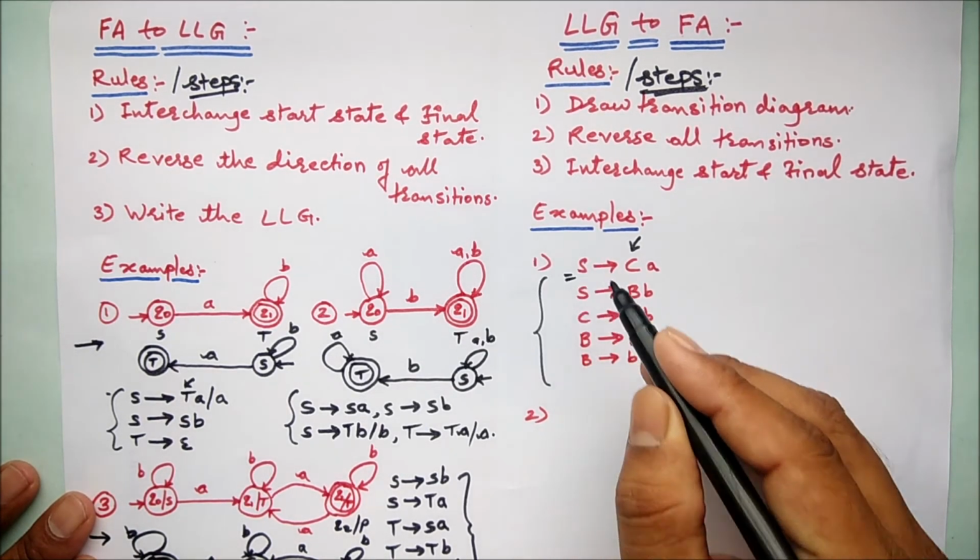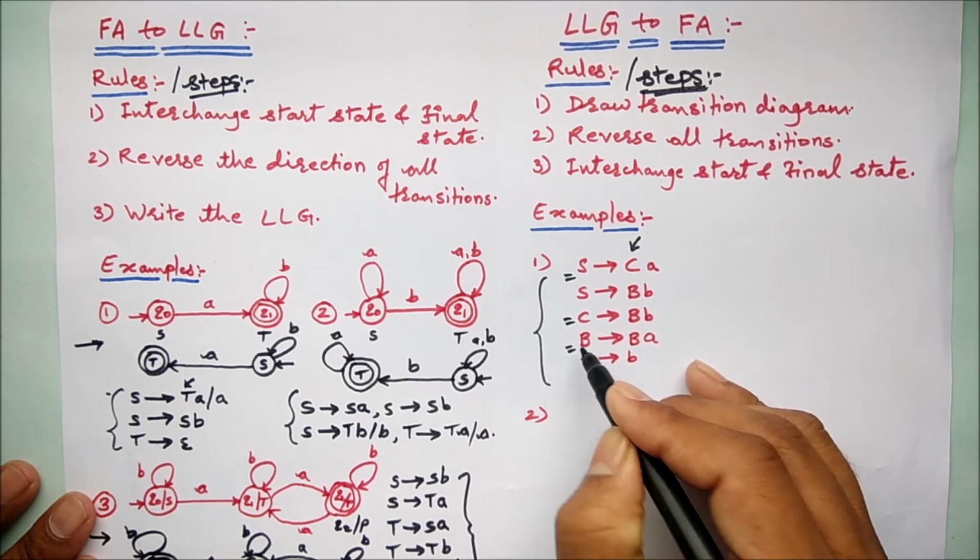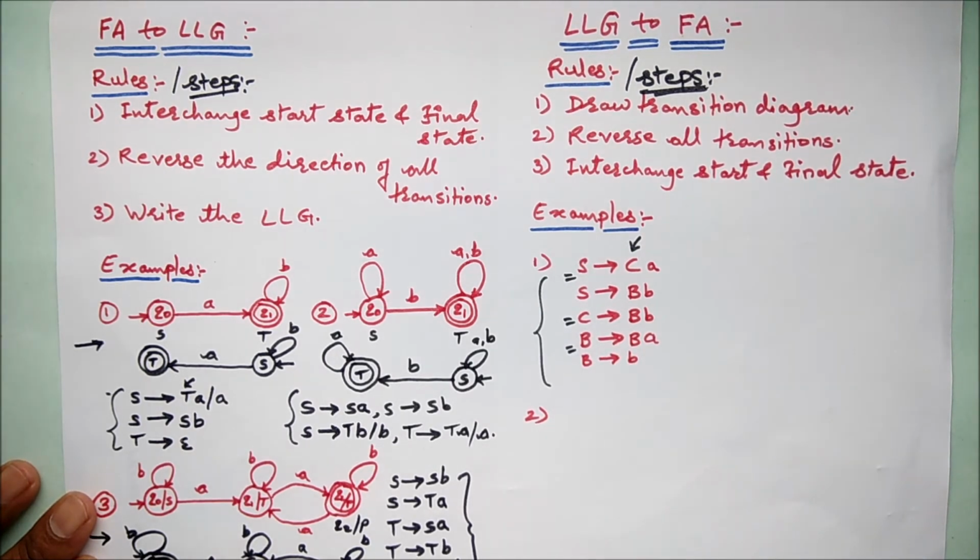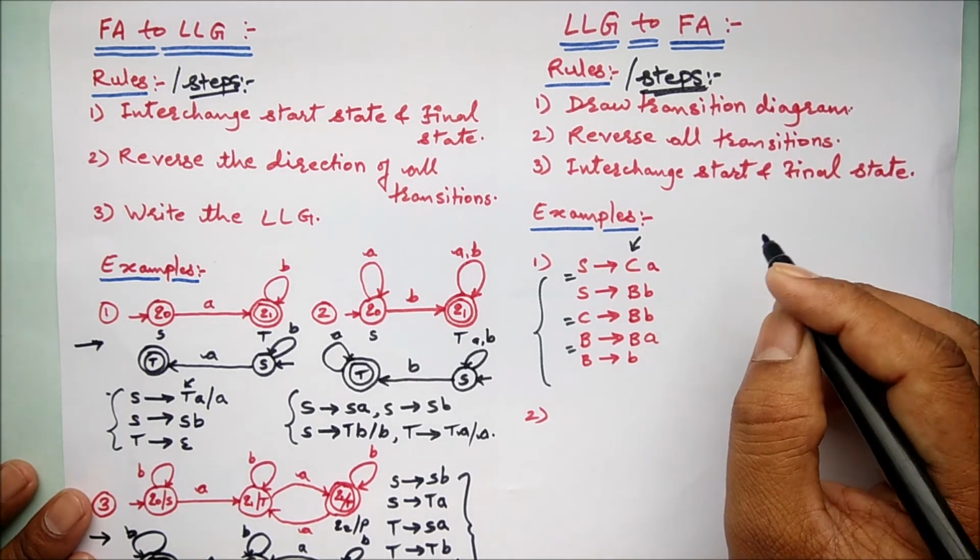So 1, 2, 3. So 3 non-terminals are there. It means that at least 3 states will be there in my finite automata, right? So let's move ahead and draw the first step of the finite automata. So let's follow from the initial state.